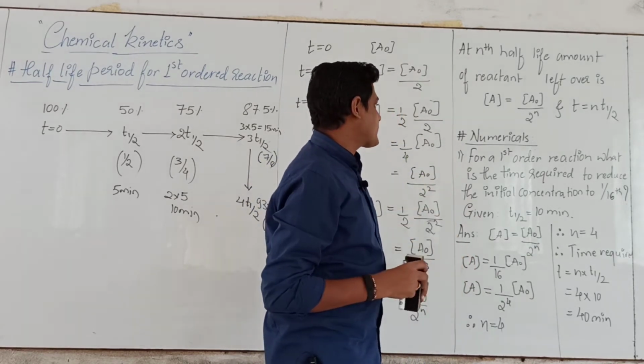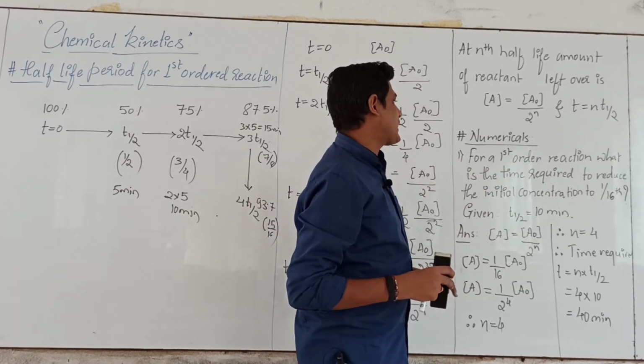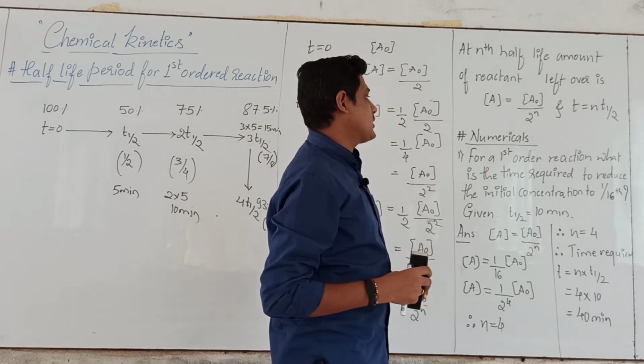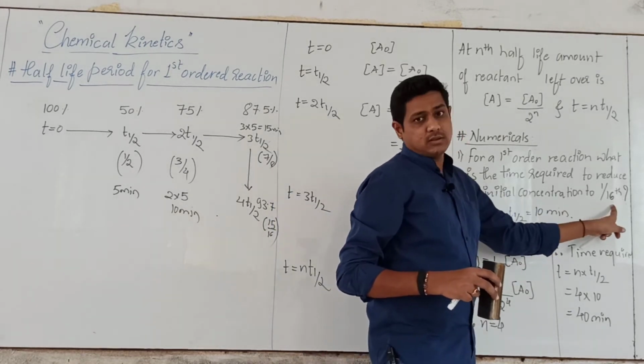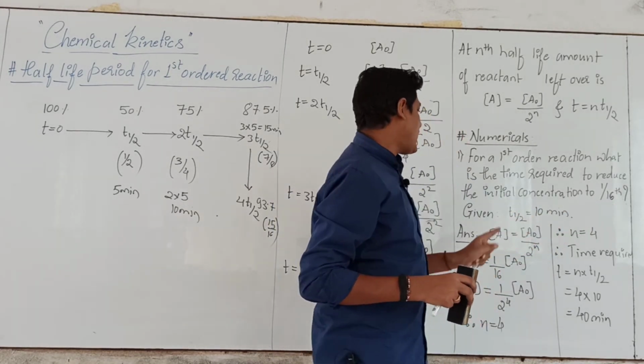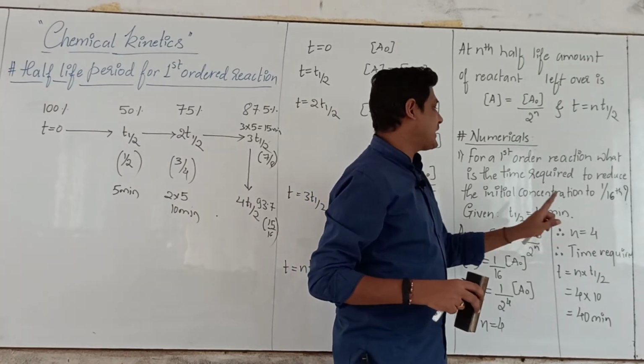See, here the problem is, for a first order reaction, what is the time required to reduce the initial concentration to 1/16th? They have given the half-life period as 10 minutes.